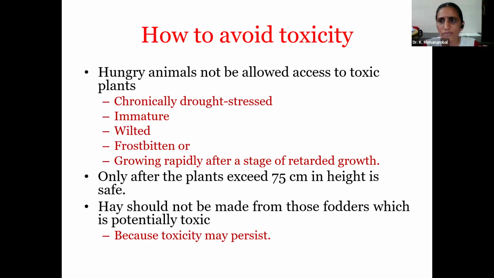Drought-stressed plants should also not be used for fodder making. For hay making, those plants should not be used because they are potentially toxic. Even when dried or made into hay, the toxic substance won't be reduced, so the level of toxic substance will remain in the plant itself. So those plants should not be used as fodder for the animal.